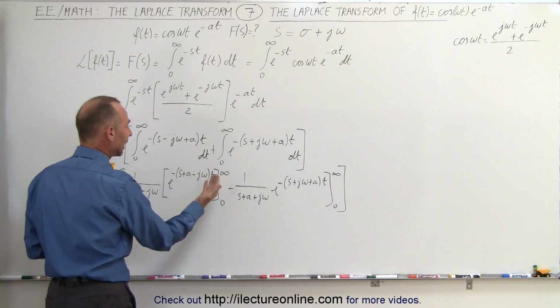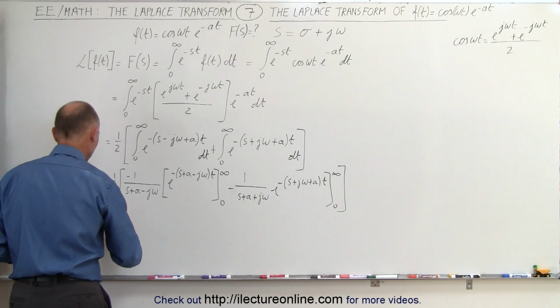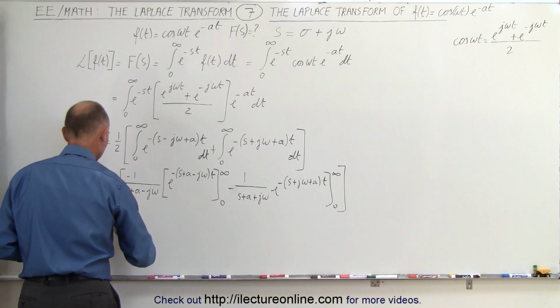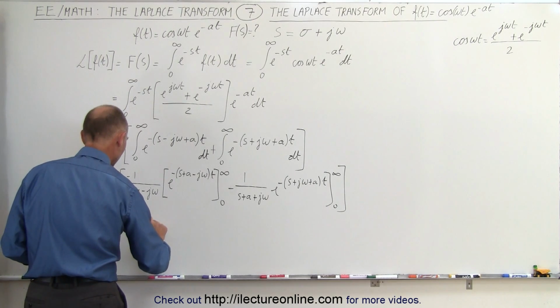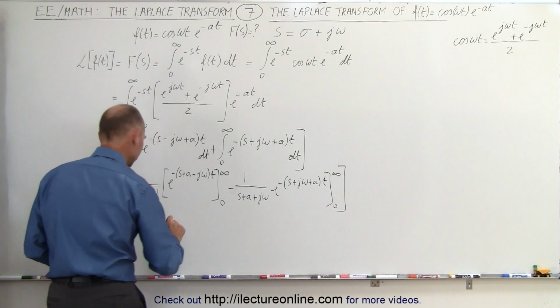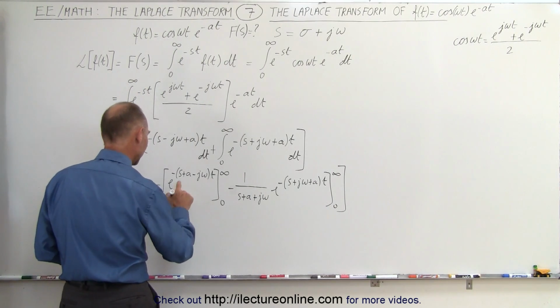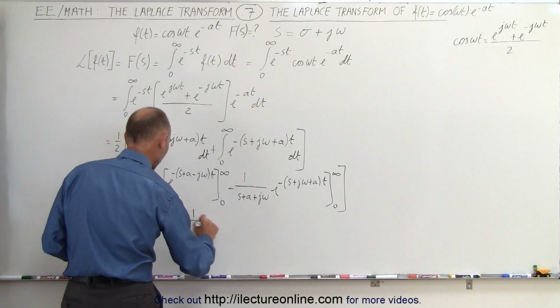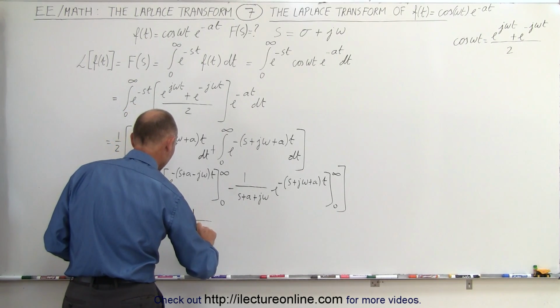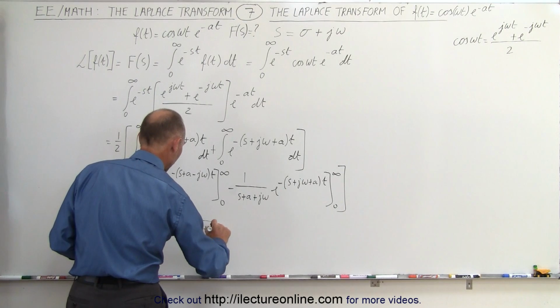Plug in a 0, we get 1. So this can now be simplified to 1/2 times a minus 1 over s plus a minus j omega, and that would be times 0 minus 1, minus 1 over s plus a plus j omega.